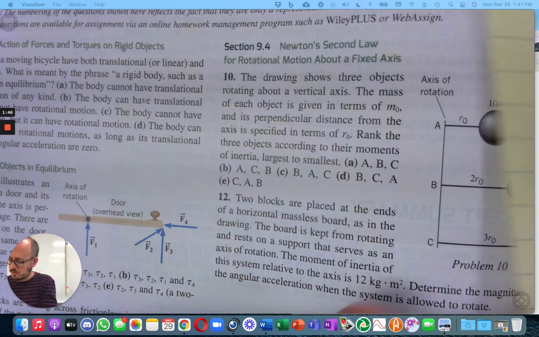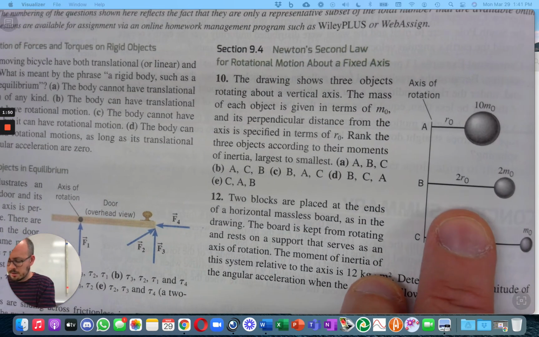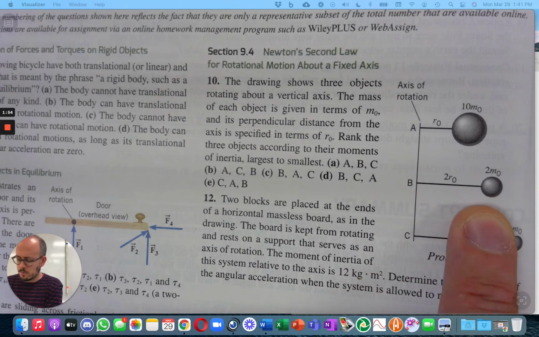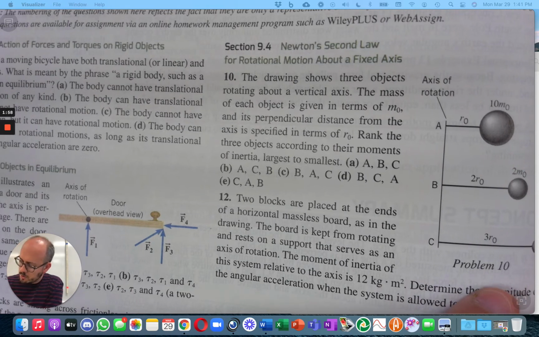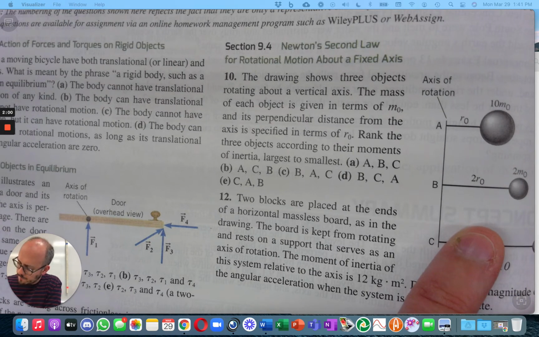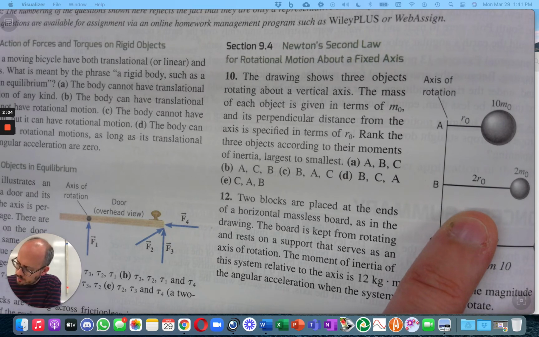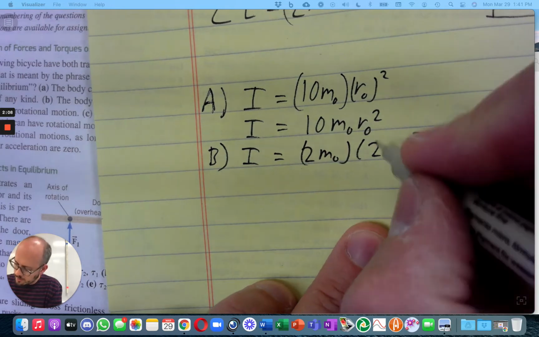Everything else is still in terms of m naught and r naught, so I can make this comparison. For object B, it's a distance 2 r naught away, and the mass is 2 m naught. And so for object B, the moment of inertia would be 2 m naught times 2 r naught squared. Before I do the actual math, I just want to show you what that looks like.